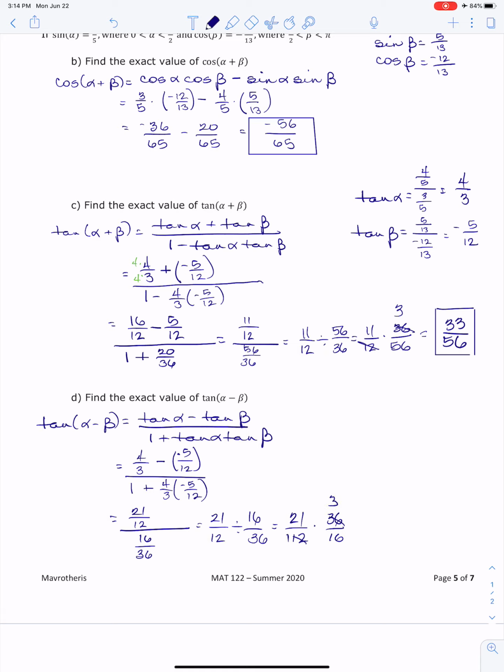Again, 3 and 1. 21 times 3 is 63 over 16. And there you go, tangent of alpha minus beta. And that's it. We are done.